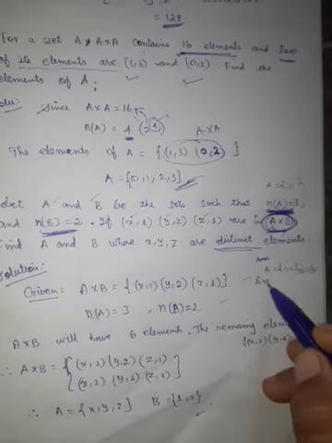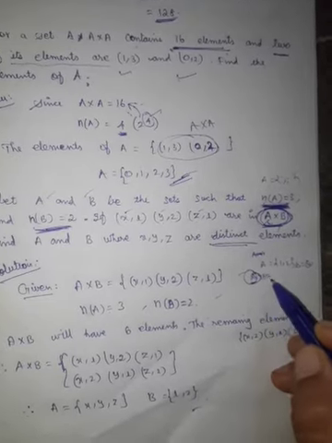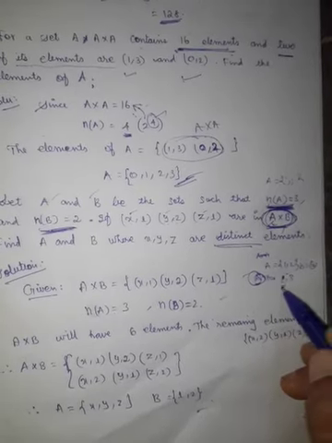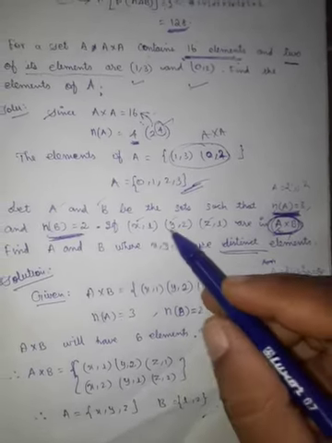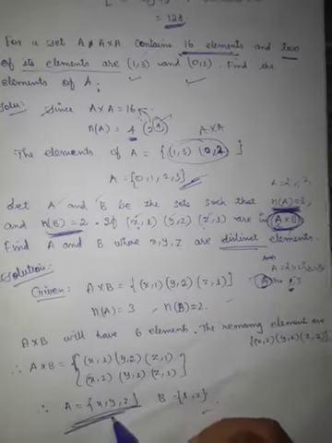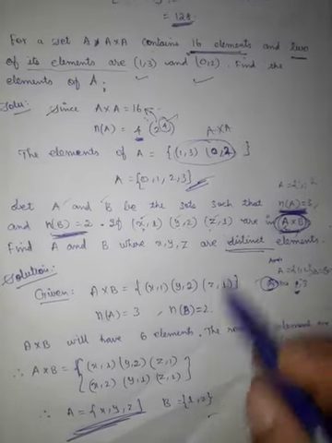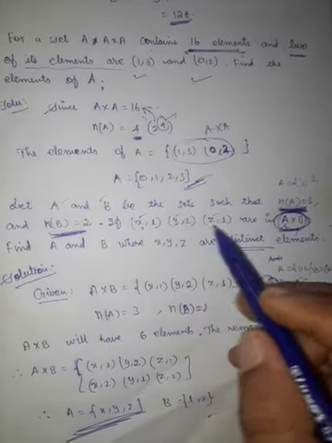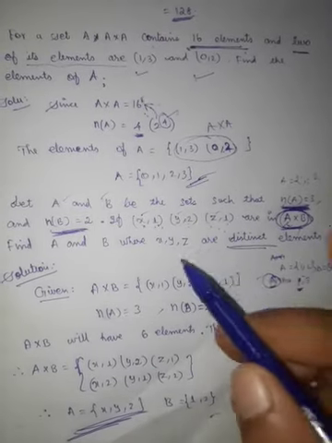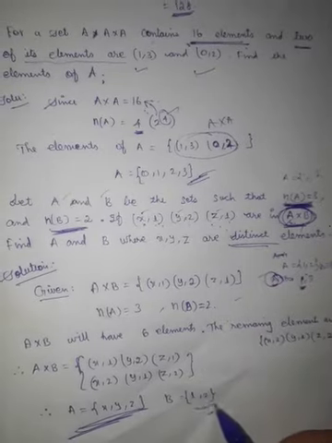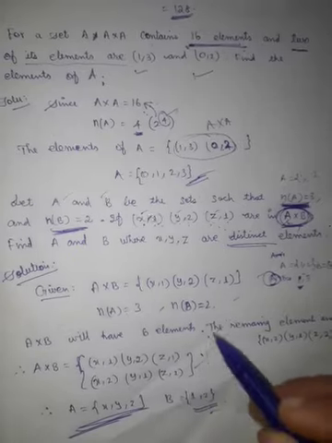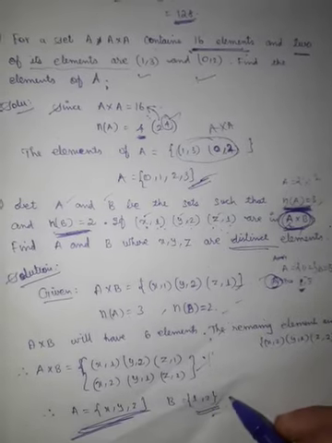A cross B means the first place is from A only, and the second from B. Like this place, x, y are in set A, and 1, 2 are in set B. So we take 1 and 2 only. We don't want these two steps, this one and the last step.